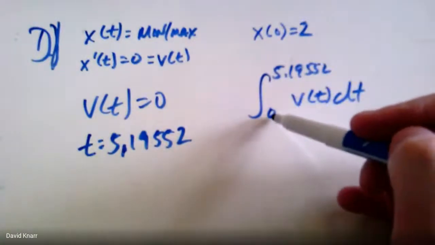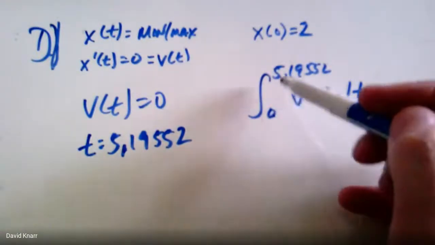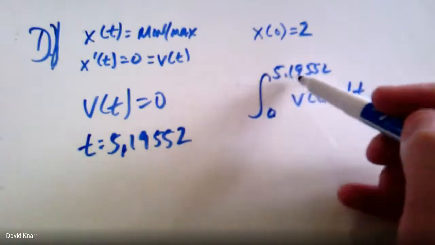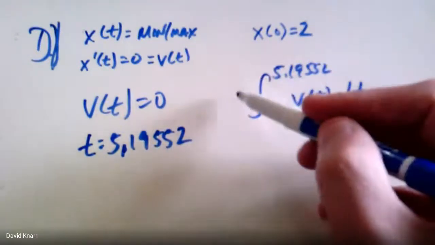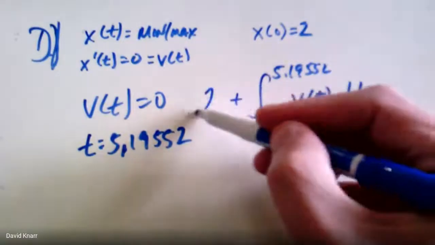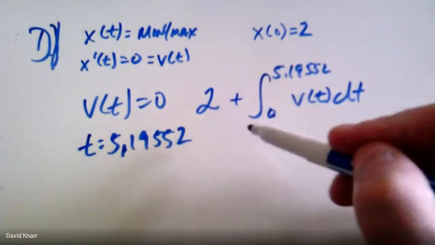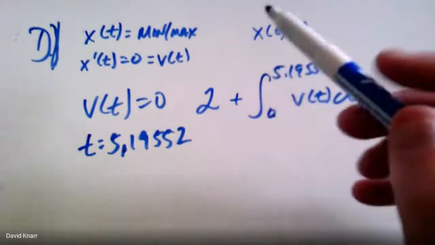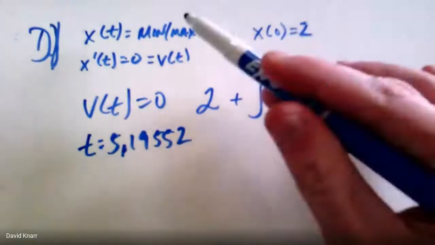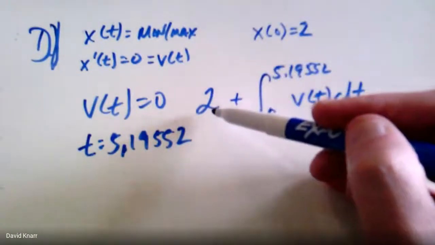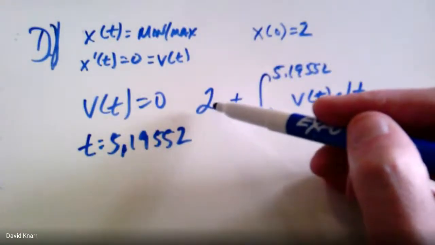So if I start from 0, I can stop at 5.19552, which is this time, integrate v of t, but then I have to add on the 2. This is an accumulation function, right? You're given the rate, you have to integrate to get the total plus the 2 that you started with, the initial position.